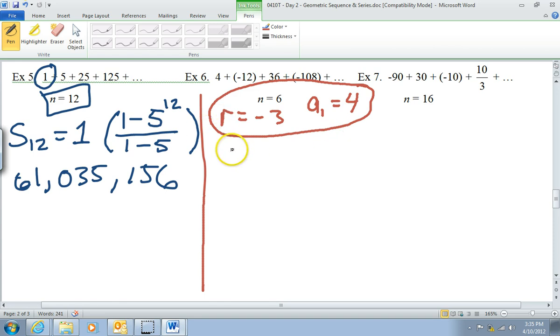The sum of the first 6 terms should be A1, so that's 4, times 1 minus. Now, here's where you have to be careful. When you have a negative and you have a power, you need parentheses. They're not optional. I've tried to emphasize this to you over the months. A negative number with a power has to be in parentheses, or you will get the wrong answer.